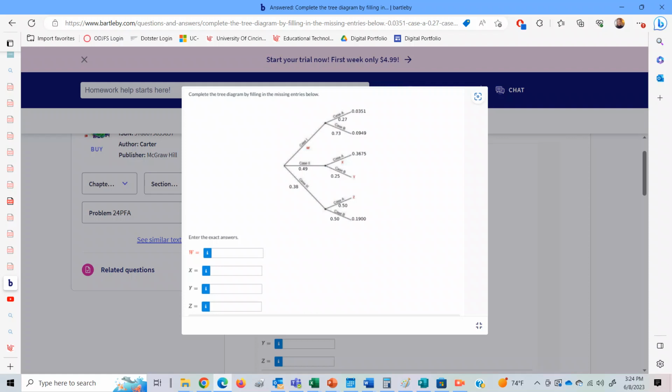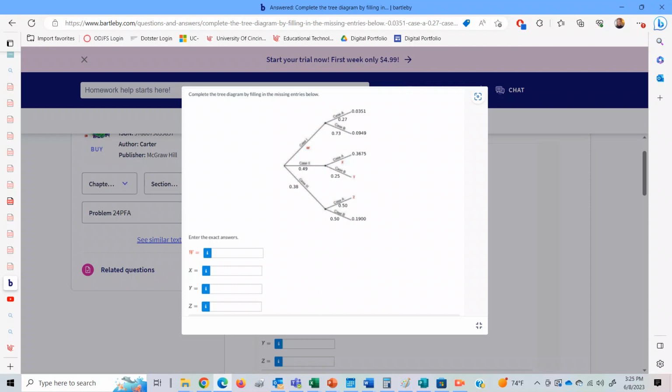Okay, so the students have a tree diagram here. It's not specific to coins or cards or dice. They just tell you what the outcomes are for each and the probabilities. And along the line in this lesson, we studied how the probabilities have to add up to 1.